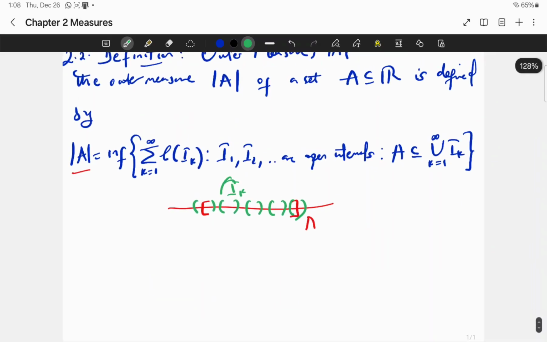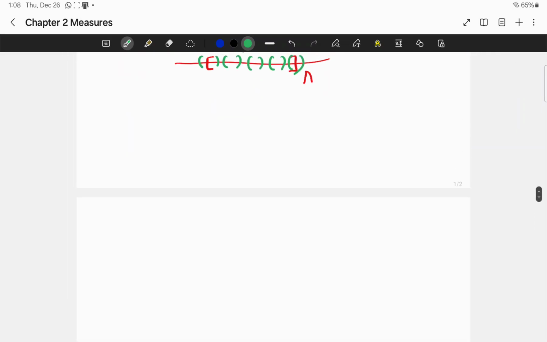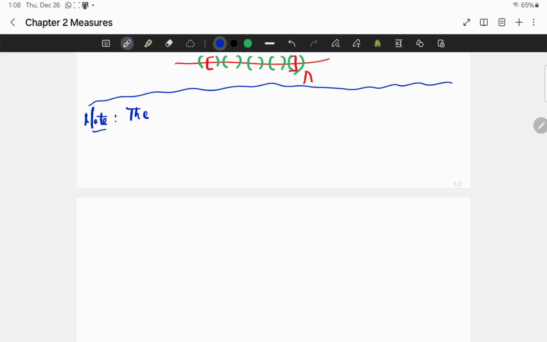With that, we need to take note of some things. Note the definition of outer measure involves an infinite sum.